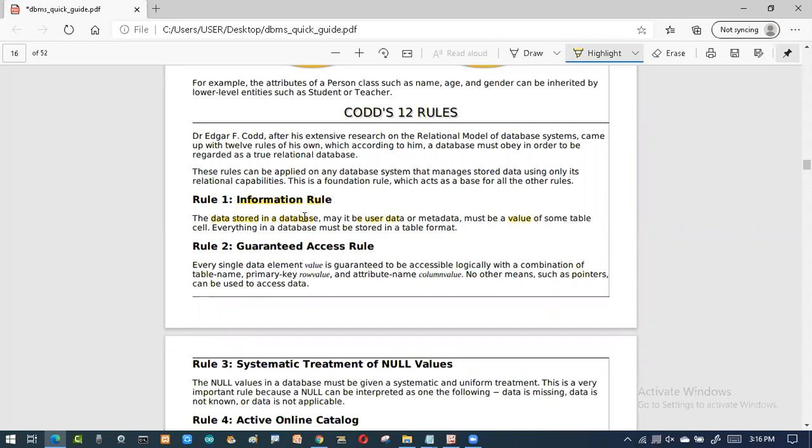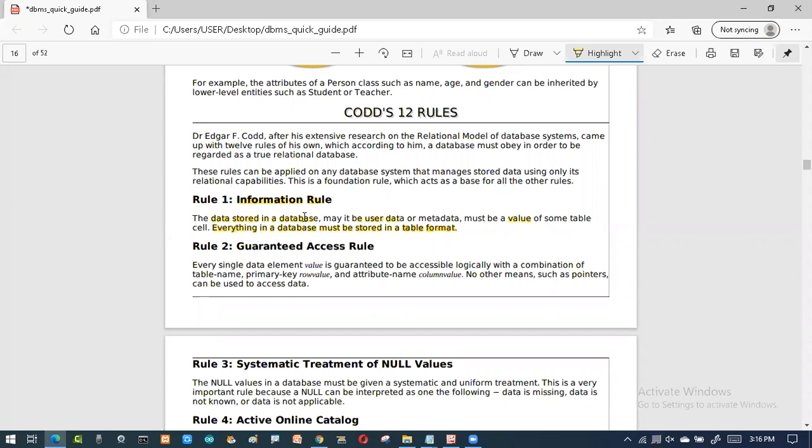Everything must be stored in a table format. So the first rule says everything stored in the database should be in the form of tables. All the data, whether pictures, videos, audio, or text, should be stored in the form of tables, that is rows and columns. That is the first intention of the rule.